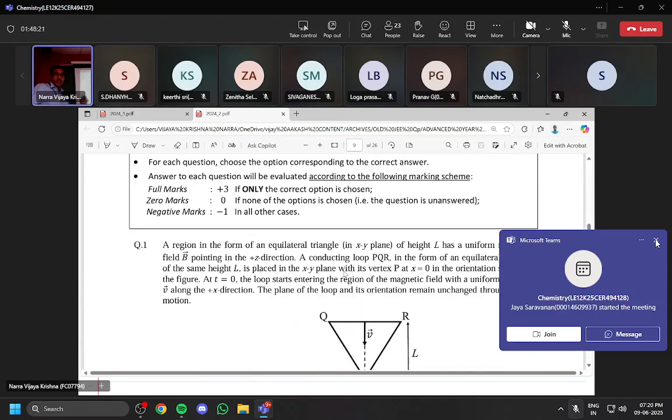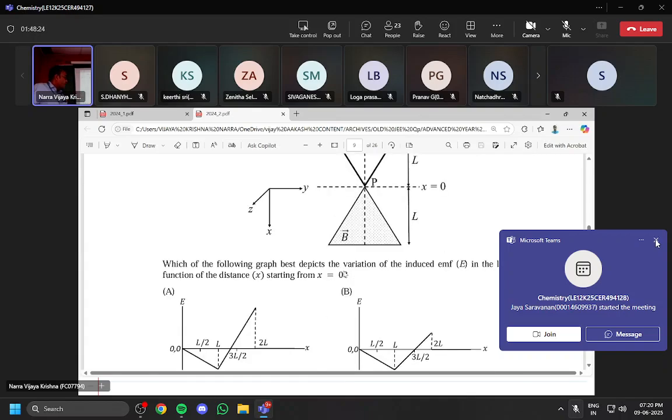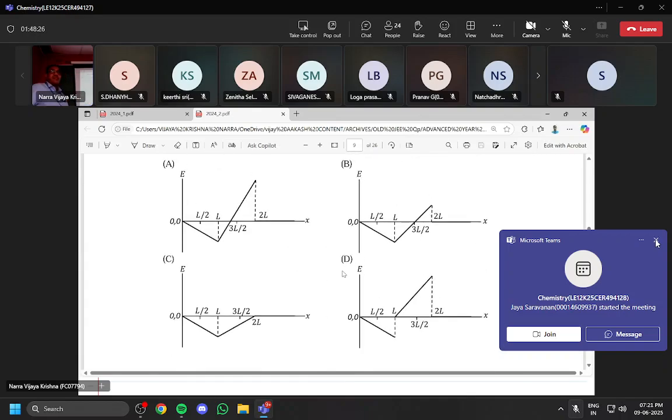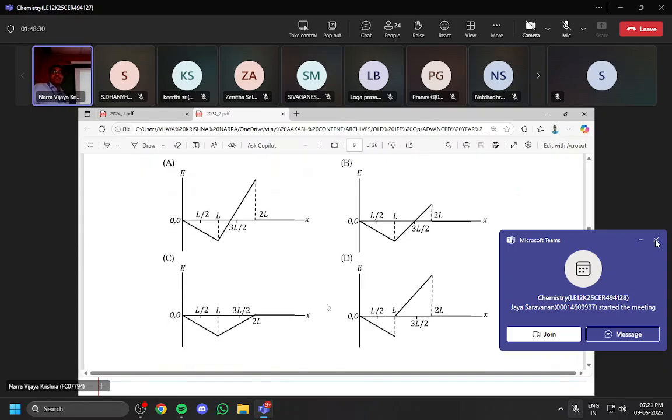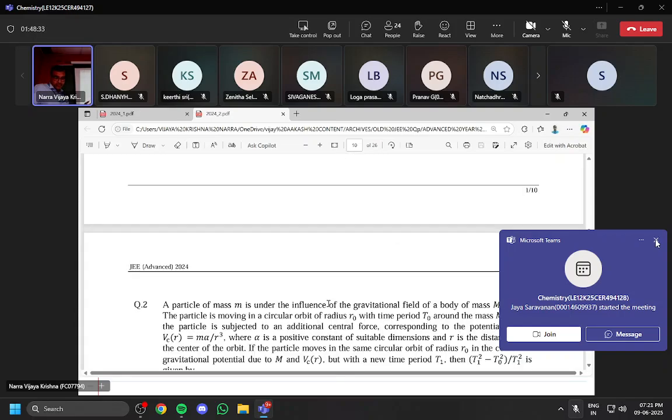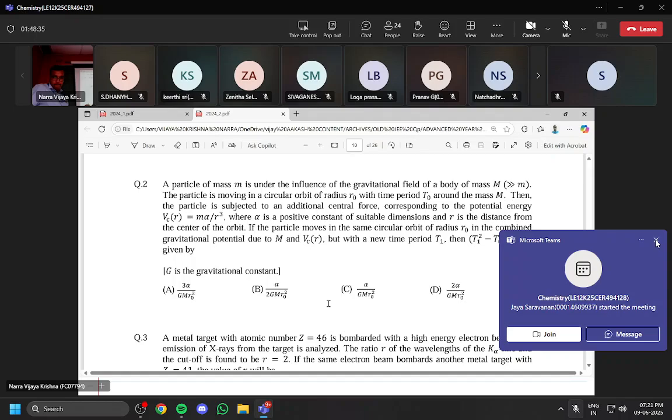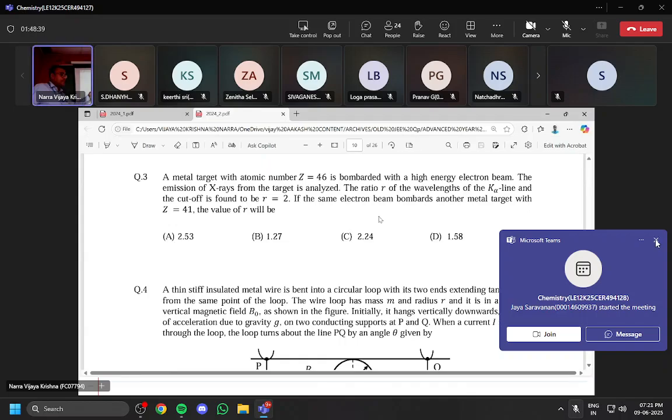Again, waste question or not? How many questions you might have solved? And based upon that, we need to plot the graph. Easy question only. Again, alpha ray scattering experiment. Responses are, but by using X-rays. K alpha, K beta, what is Moseley's law?